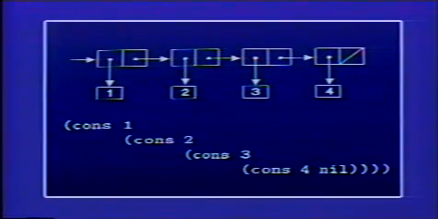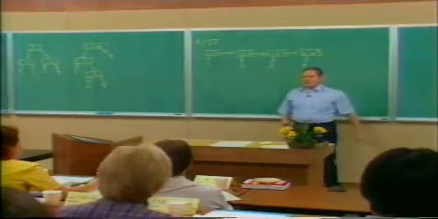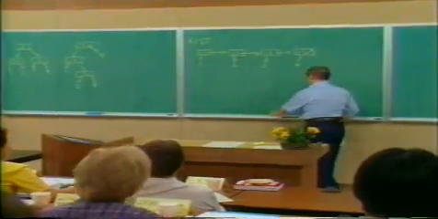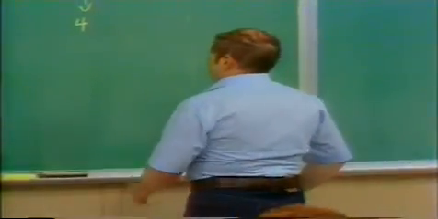Of course, it's a terrible drag to constantly have to write something like the cons of 1 onto the cons of 2 onto the cons of 3 whenever you want to make these things. So Lisp has an operation that's called list.